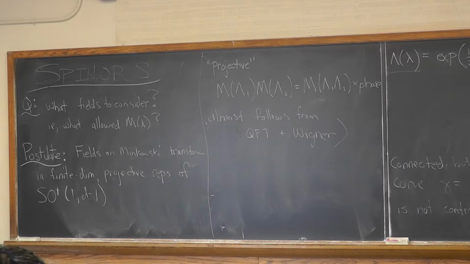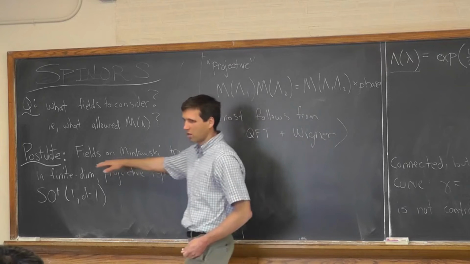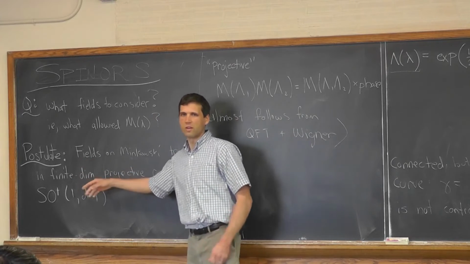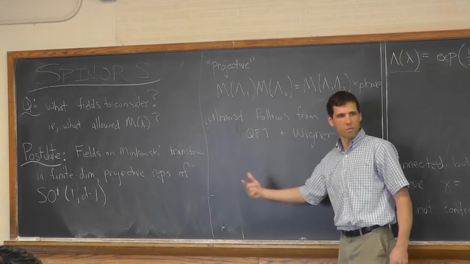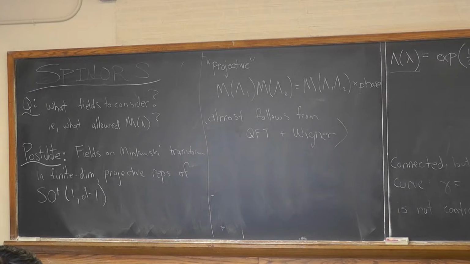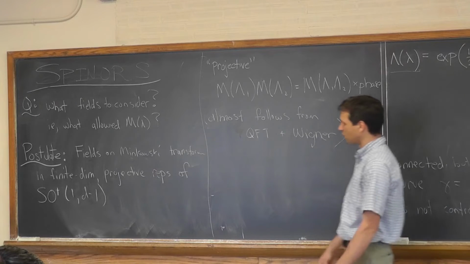Now, we're not talking about states, we're talking about fields. But you can take that statement about states that transform in these projective reps, and deduce from that how fields, operators on those states, can transform. And you almost end up with this postulate.